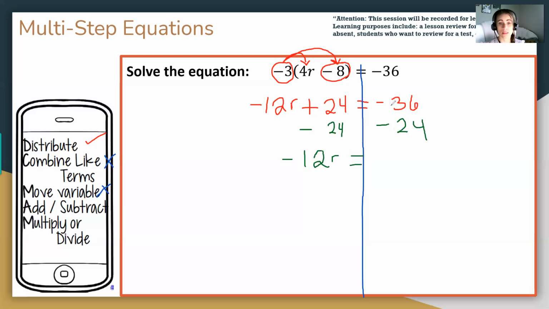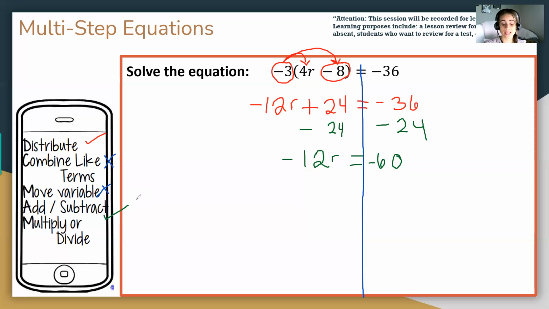Different signs, subtract them and take the sign of the larger absolute value. Well, they have the same sign. I have a -36 and a -24. I'm going to add them and keep the sign, which would be 60. We have a -60.